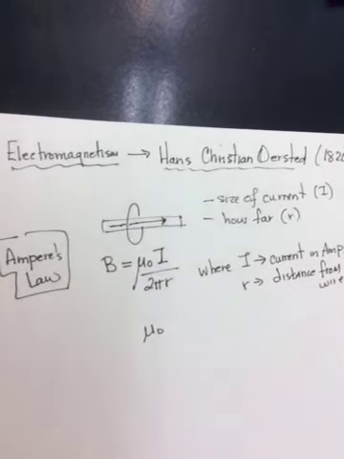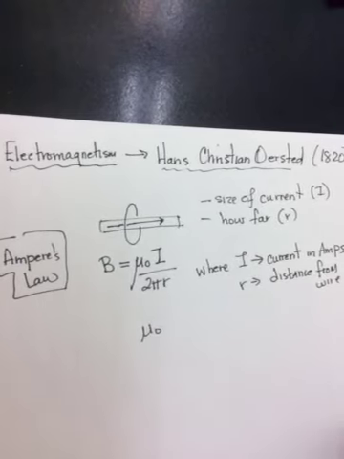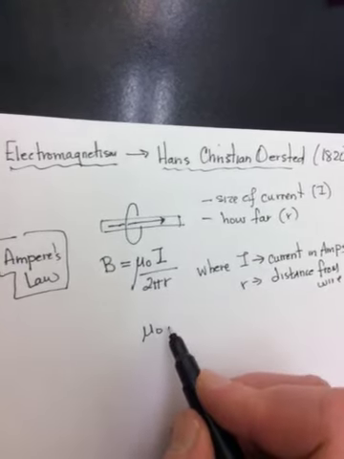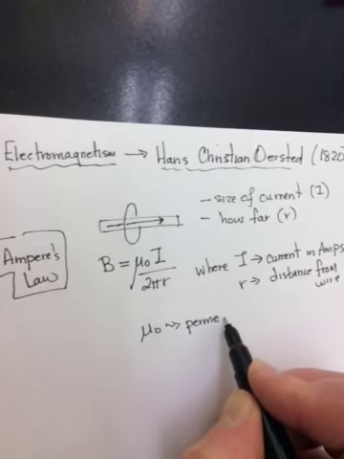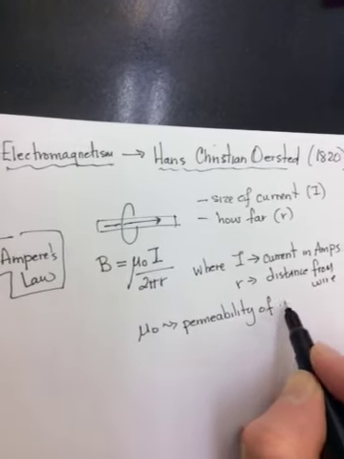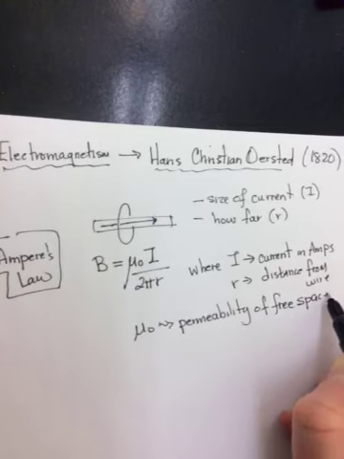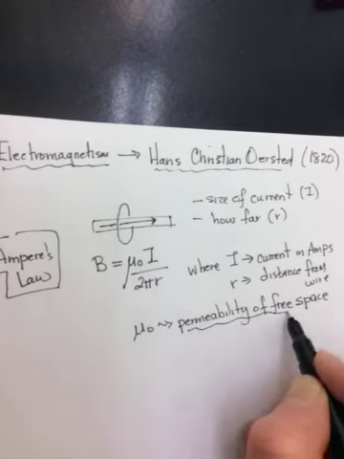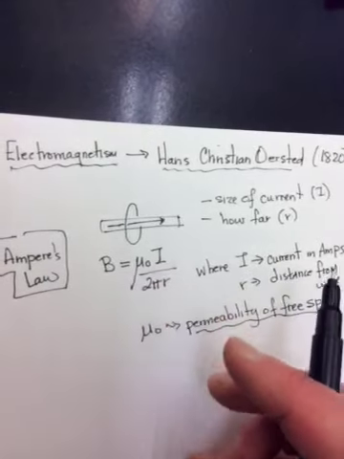Mu O is known as the permeability. There's another one that's called permittivity. Permeability of free space. And by free space, they mean like a vacuum. And what this means is simply how well a magnetic field can go through a material.